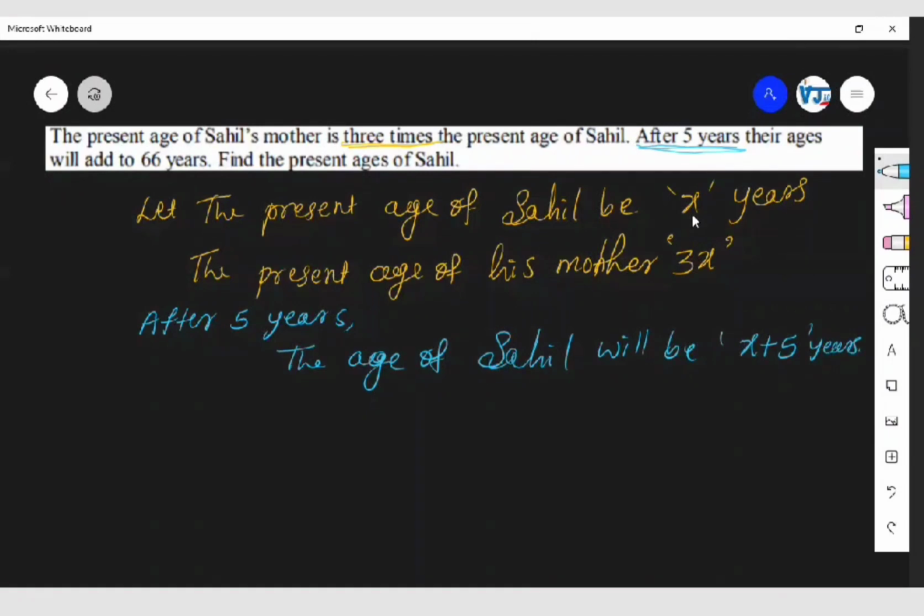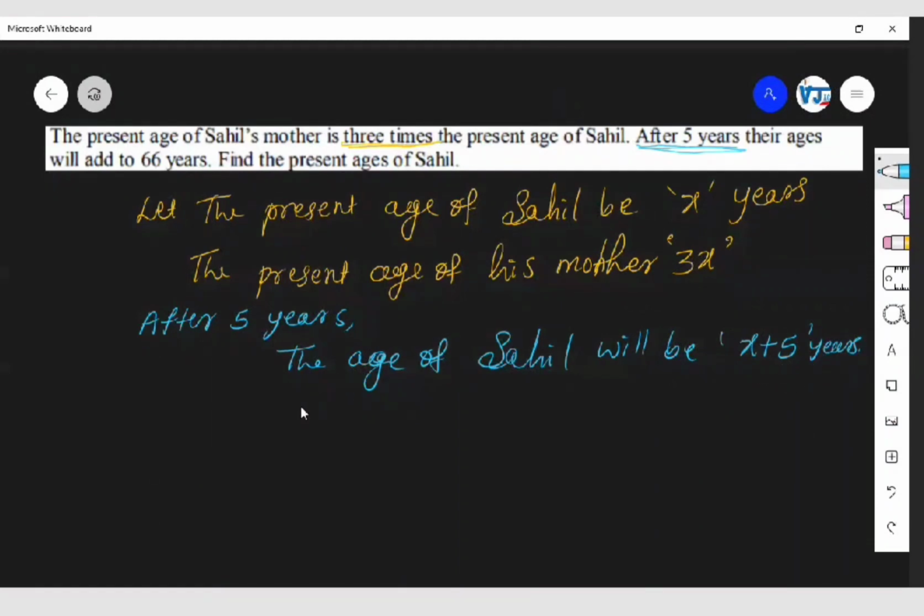Present age x था, right ना? तो after 5 years के बाद कितना हो गया? x plus 5. For example, तुम लोग का भी एज है 10 years, 10 years एज रहेगा तो after 5 years कितना रहेगा आपका? Yes, students, 15, no, x plus 15, sorry, x plus 5.